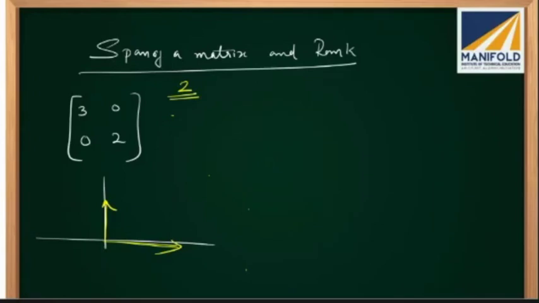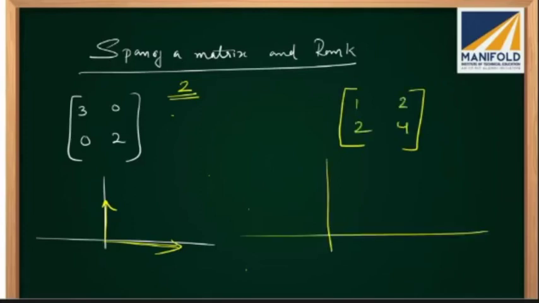Now, we take another example of a particular matrix. Let us say 1, 2, and 2, 4. I draw 1, 2 as this particular line, 1 unit in the x-axis and 2 units in the y-axis. So this is 1, 2. And if I try to draw this column 2, 4, that will actually lie on this particular line itself. Now, you take any combination of these two vectors, you'll always land upon this particular line alone, which means these two columns can only span a one-dimensional line.